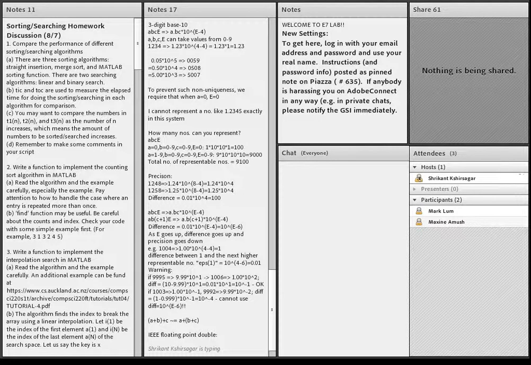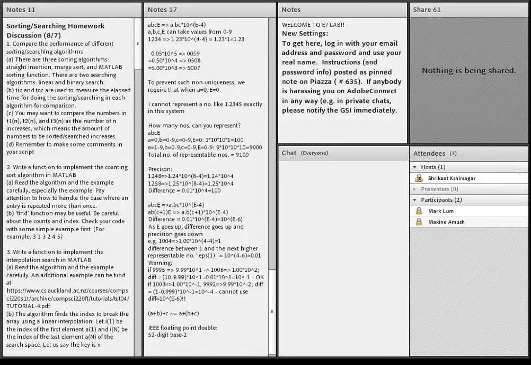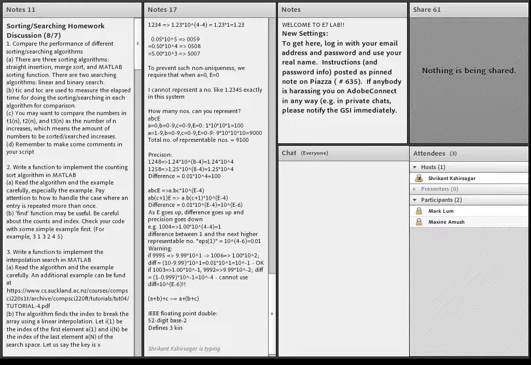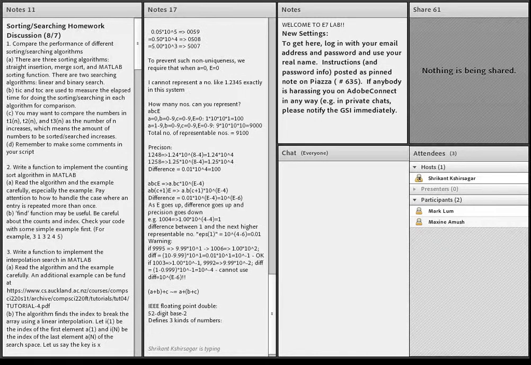There are a few minor things, a few technical details that the IEEE system does to maximize the representation we can get out of it. So notice that one of the problems we had with our earlier number system, the 3-digit base 10 number system, was that we couldn't allow E to take non-zero values when A was 0. So in a sense, we declared a whole range of representations as invalid because it would lead to non-uniqueness. So the way IEEE gets around that is that it defines 3 kinds of numbers. Okay.